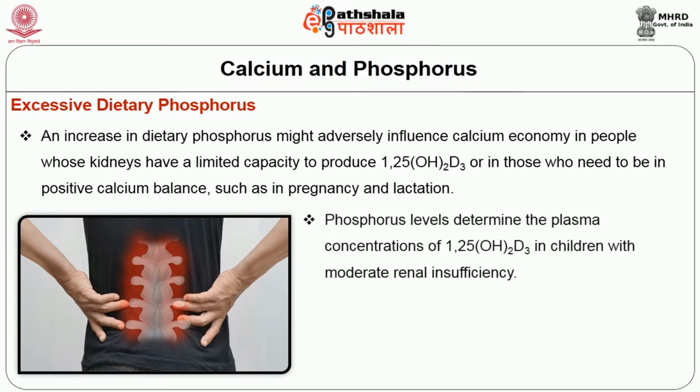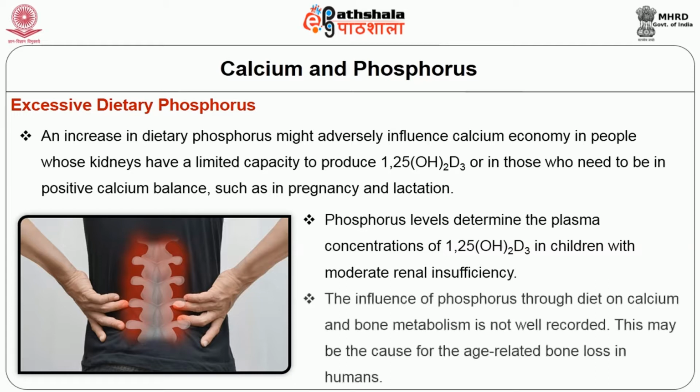Phosphorus levels determine the plasma concentration of dihydroxycholecalciferol in children with moderate renal insufficiency. The influence of phosphorus through diet on calcium and bone metabolism is not well recorded. This may be the cause for the age-related bone loss in humans.